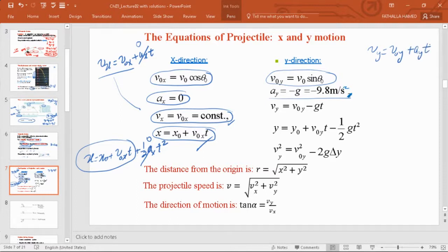And we did that when we dealt with free fall in one dimension. You're replacing the ay with minus g, and that's why you have vy equal to v0 sine theta 0 minus gt. And this gives you your velocity in the y direction. We dealt with that in chapter number 2 with free fall in one dimension. And your y will be y0 plus v0y t minus 1/2 gt squared.